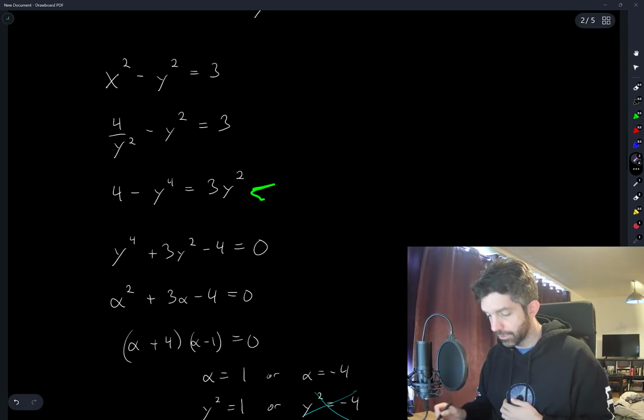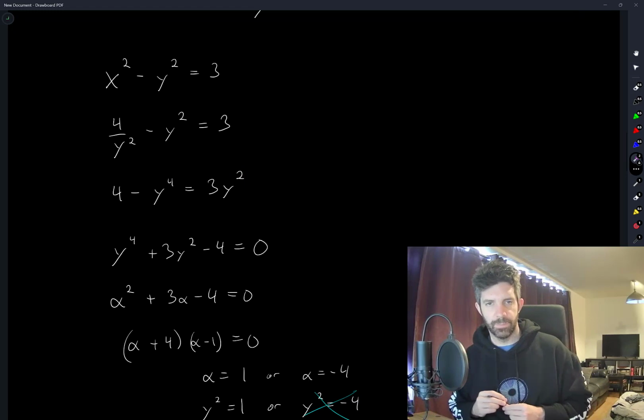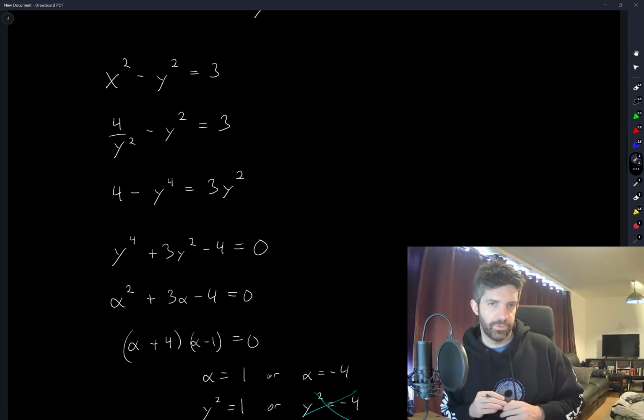I ended up with a 4th degree polynomial, but the only powers are even, so we can treat it like a quadratic polynomial. I think that's what this is referring to.